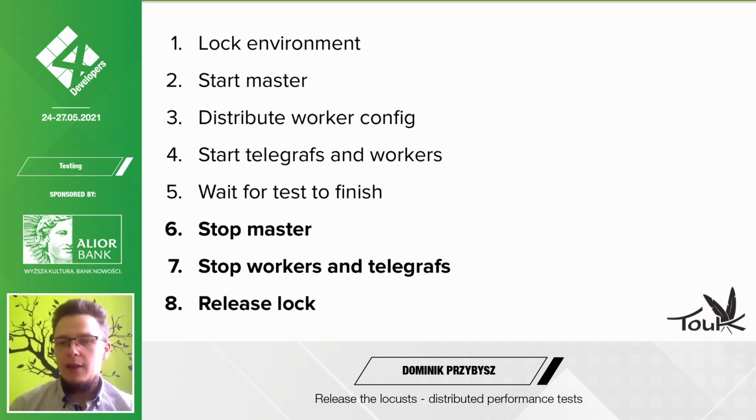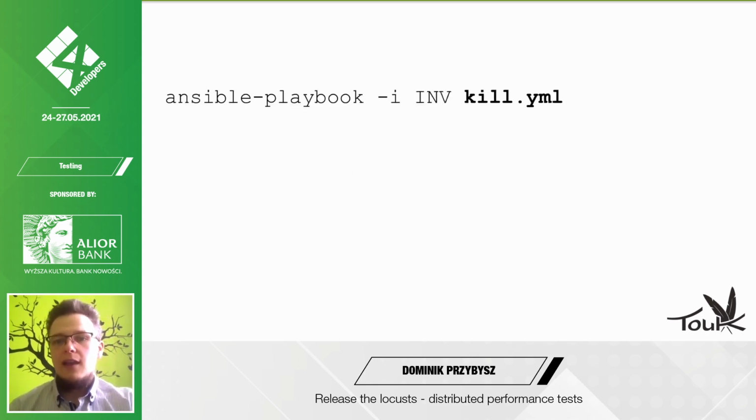But in our framework, in our playbook, we explicitly also stop master and workers, and of course also telegraphs and release lock, just to be sure that everything is turned off. Additionally, we also have a kill playbook, which allows us to turn off the tests no matter what happened. For example, if we calculated the number of users in a wrong way, or the shape of our load test isn't as expected, then we can just stop the test and run it again in a moment.